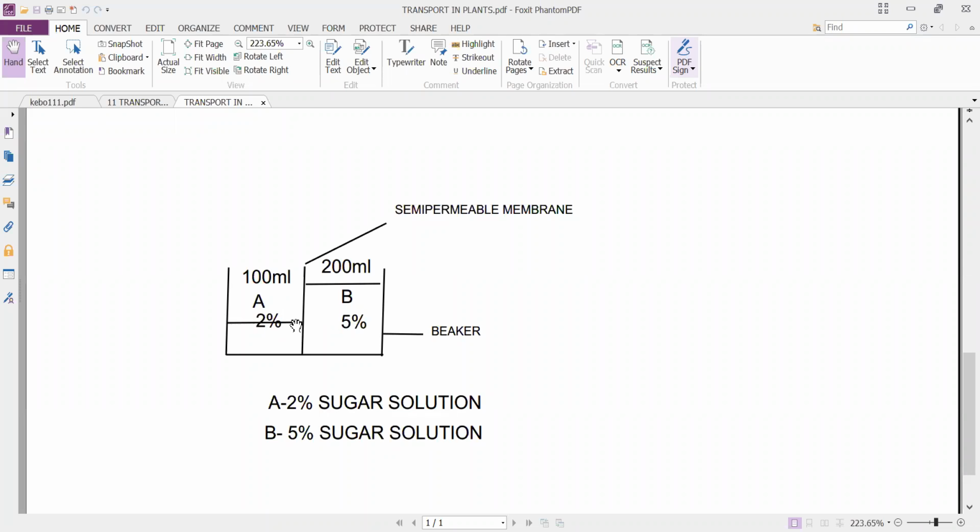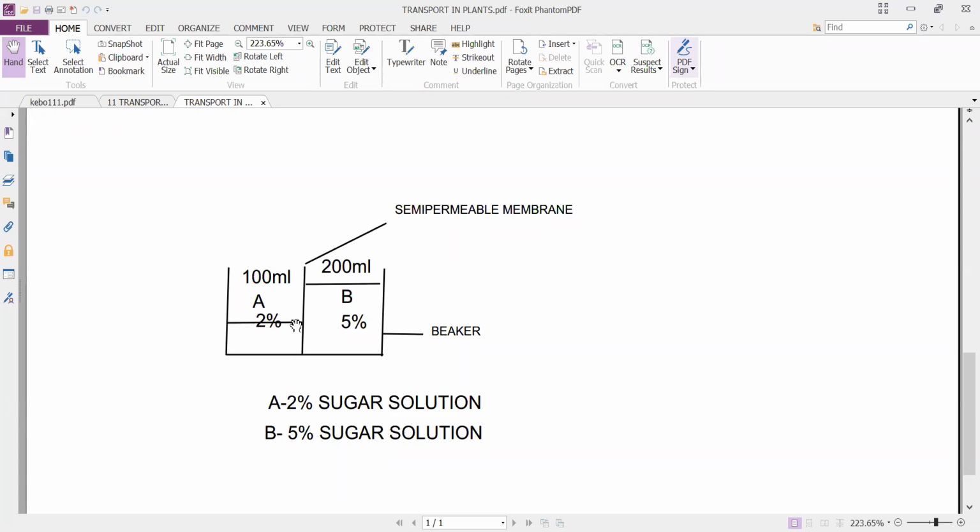If you take two sides separated by a semi-permeable membrane, water will move through it in both directions, A to B and B to A. But the net, resultant movement will be from A to B, because A has more water potential and lower solute concentration.